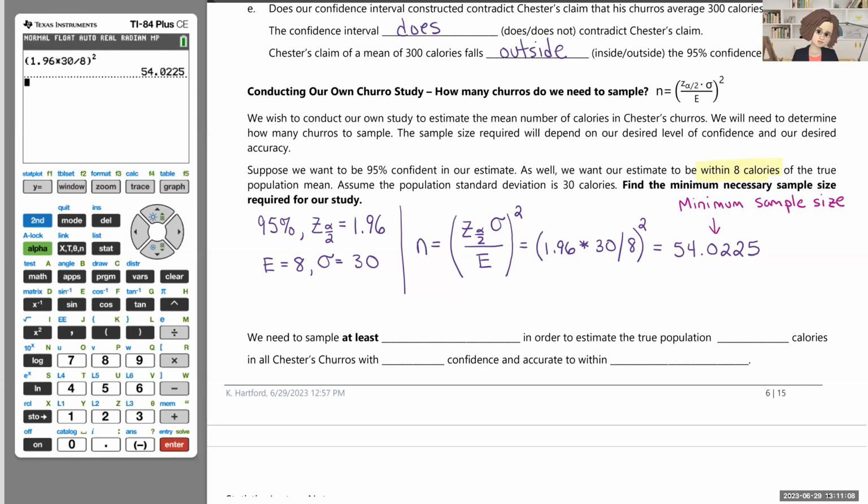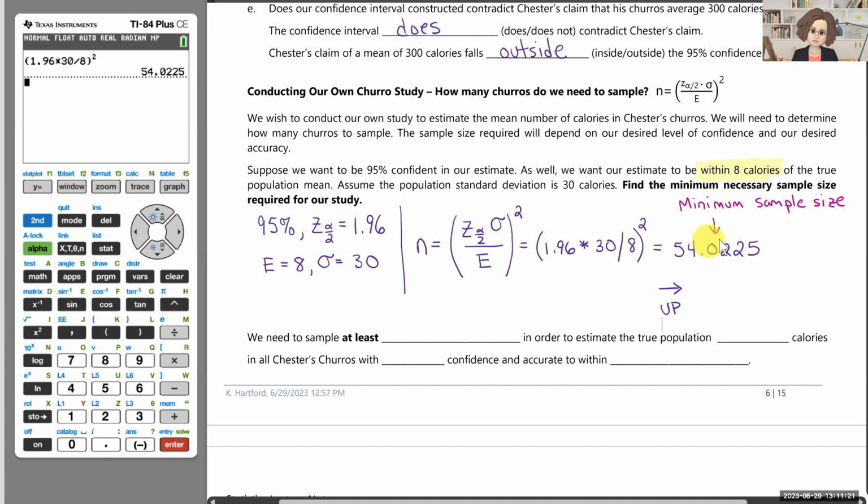All right, so if you can't go lower than that, then if we want a whole number, you're always going to have to go up to the next whole number. So rather than thinking of it as rounding, because if you just rounded it, you would say 54. We're not really rounding here. We're saying this answer is the smallest number possible.